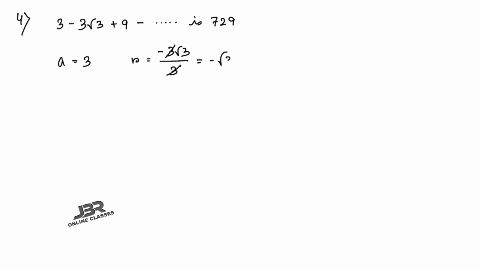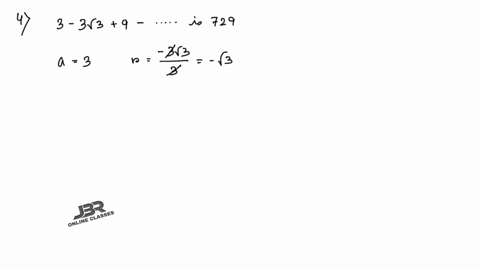Which term of the series 3, minus 3 root 3, plus 9, and so on, is 729? So here a equals 3, and r equals the second term, minus 3 root 3, divided by 3, that equals minus root 3.